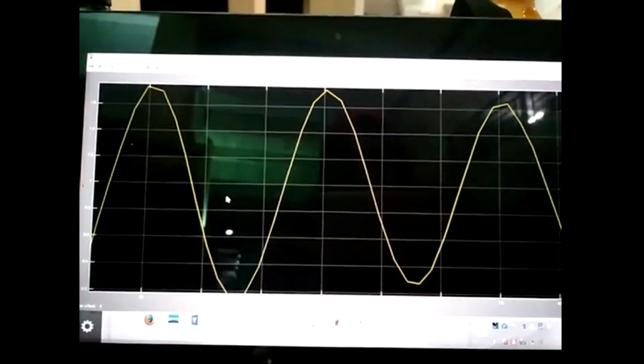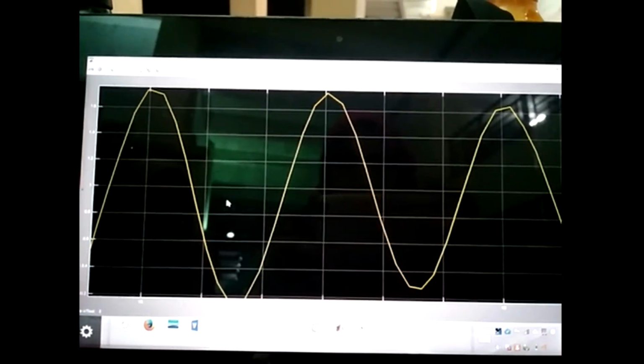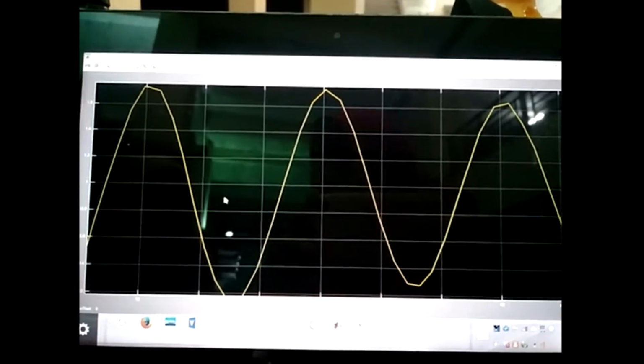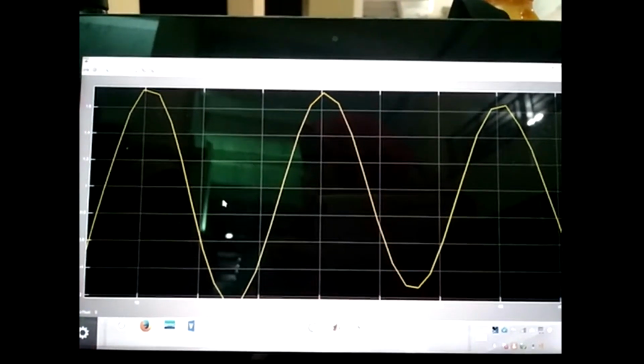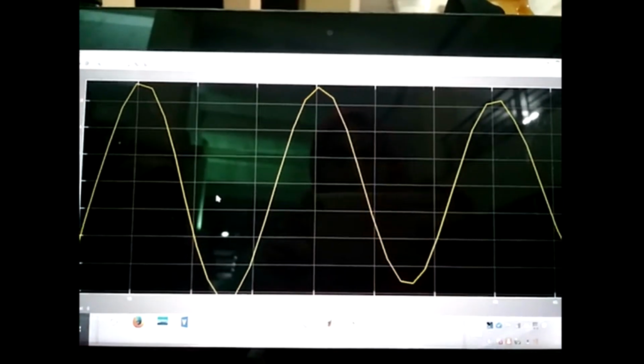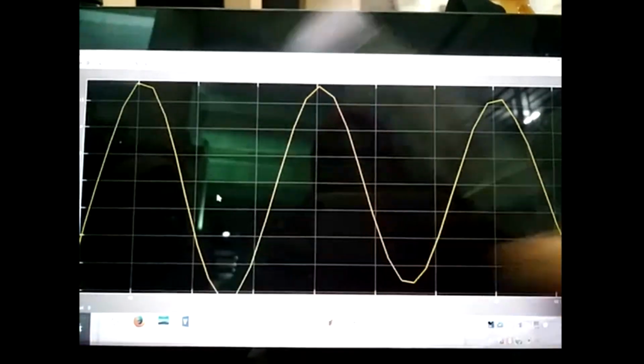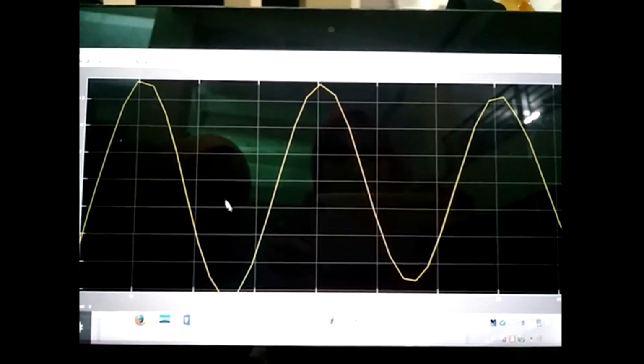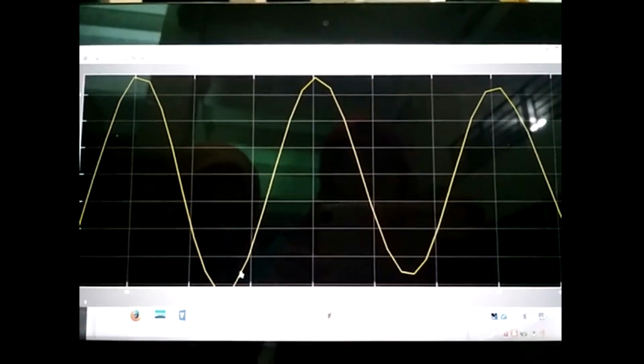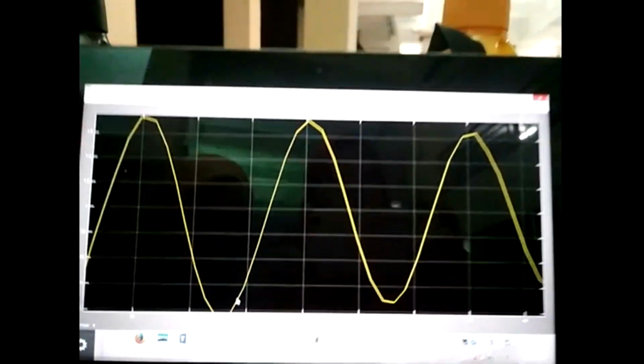Okay, when the amplitude is almost the same, our KC will be our KCU. Right, next, this one is our KCU, when the amplitude is the same.